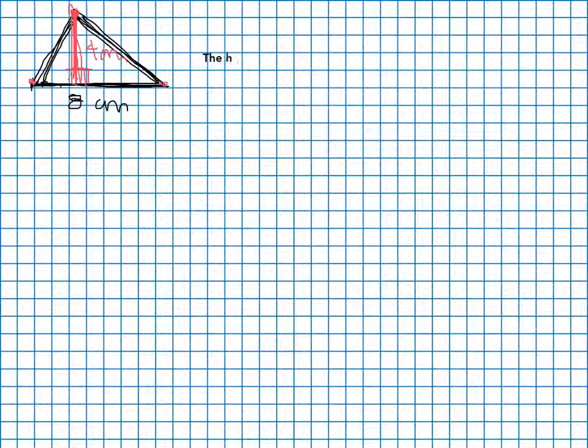The height of a triangle is a line segment drawn from a vertex perpendicular to the base.